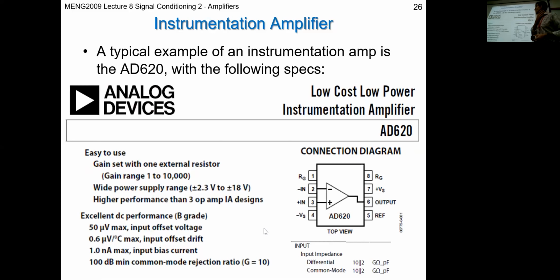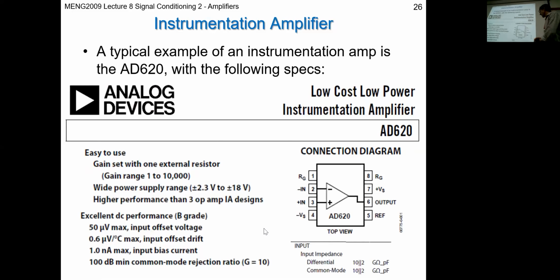This is an extract from a data sheet for an instrumentation amp. This is the AD620, and basically it'll come as a microchip. So you just put this into your circuit when you're building a circuit for your instrumentation system.